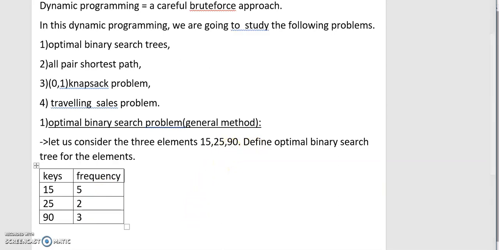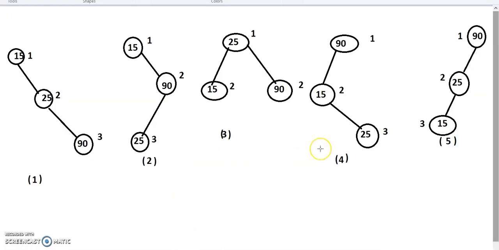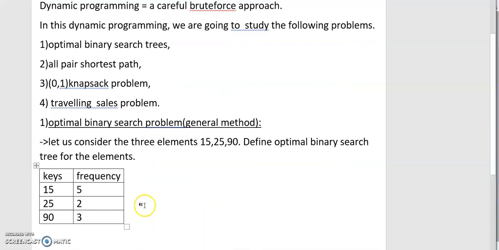These are all the binary search trees for those keys. For 3 keys we can get 5 binary search trees. How can we get this formula? There is one formula for that.